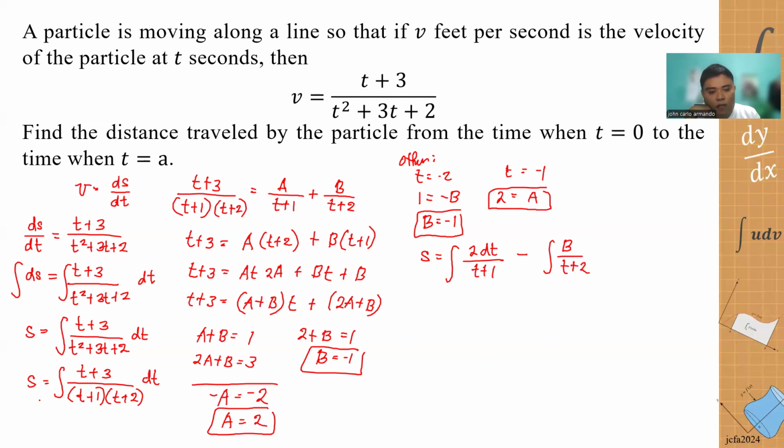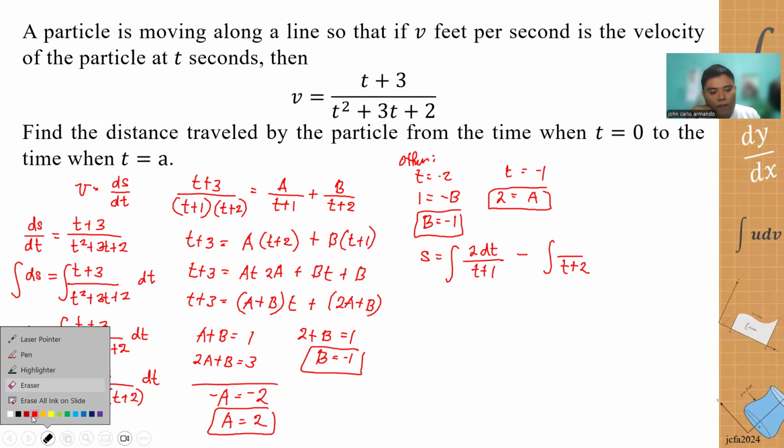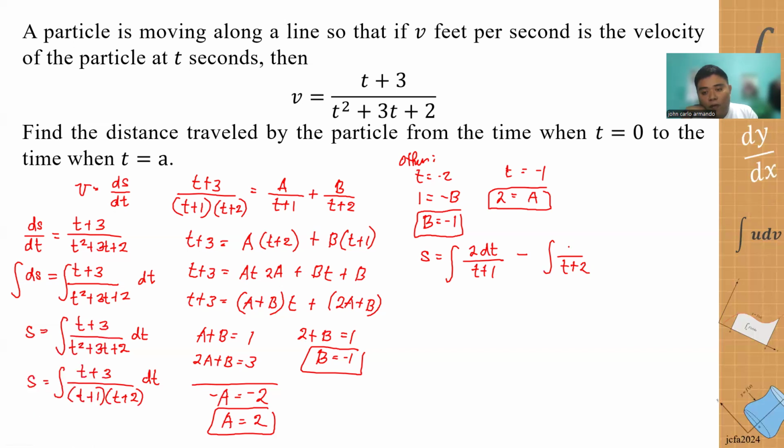But B is negative 1, sorry. Positive 1 kasi nandito na yung negative. 1 dt.